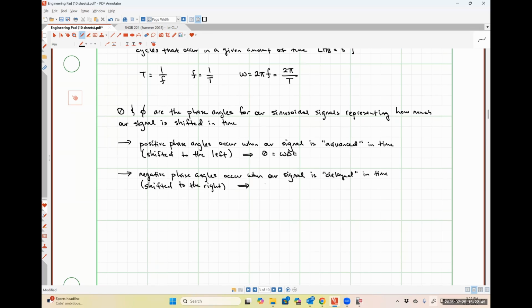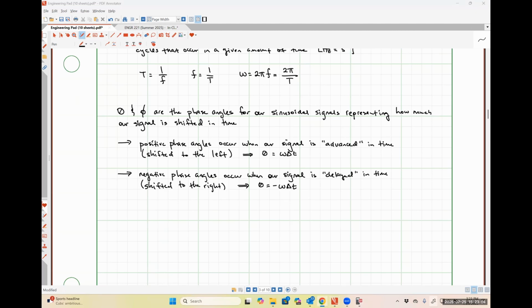And in this case, our phase angle, generically using theta again, is just going to be negative omega times our delta t. Okay. So I'm going to pull Desmos over here.